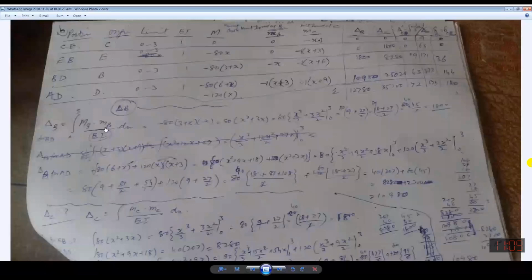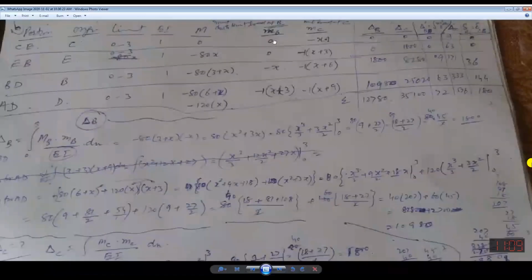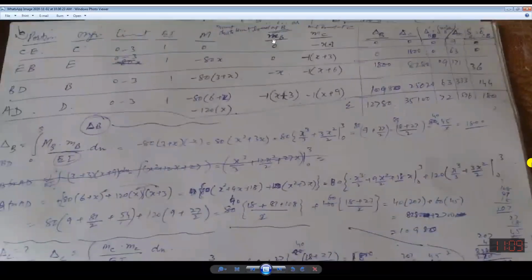It is the moment effect due to unit load at B. And what is MC?